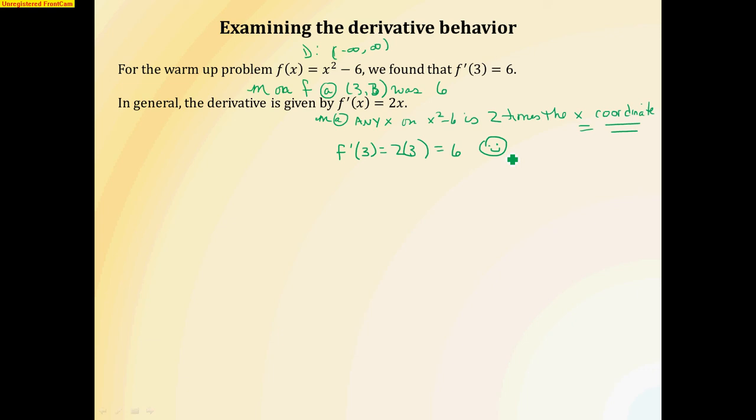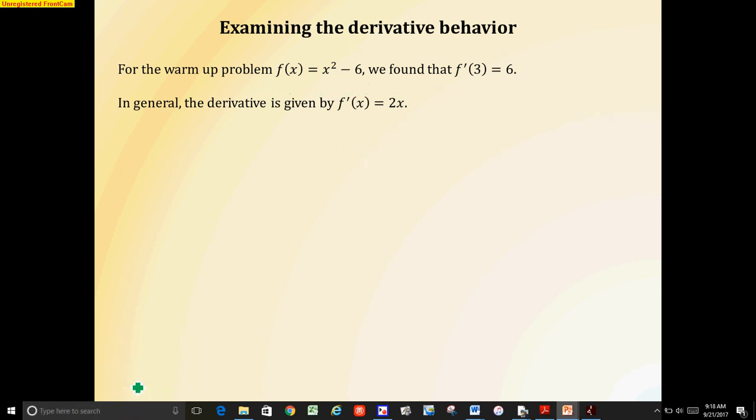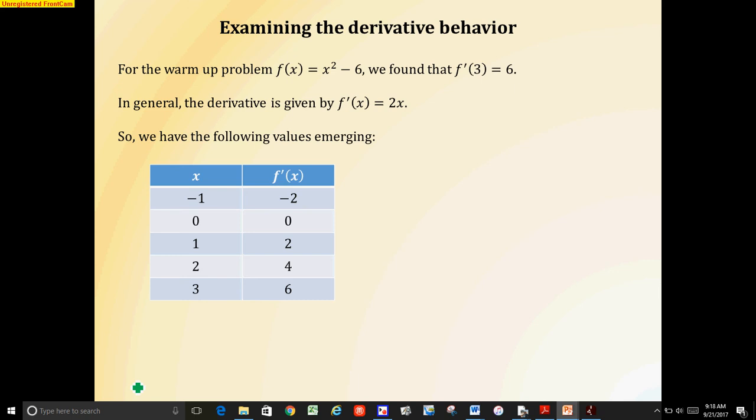And I want you to time travel back to Algebra 1. When you first started plotting points, given a rule, given a function, plotting points, looking how it runs on a graph and saying, this is a pattern. Right? Notice that instead of saying x and y, I now have x and slope values on f.